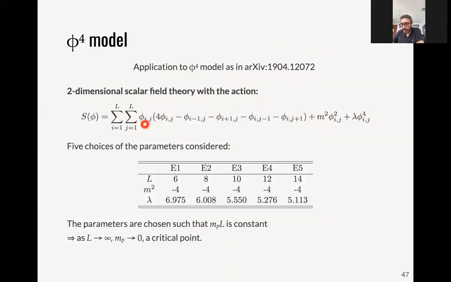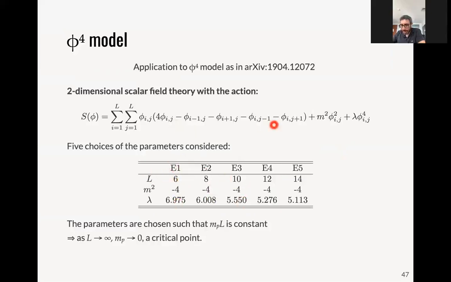So this is a Laplacian term, right? A hopping term. And then you have a squared mass term and then the self-interaction phi to the 4. And then there is a parameter set here that you can define. So basically these E's define this parameter set.